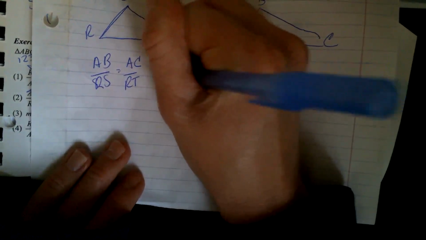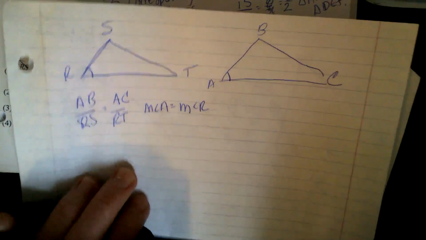Okay, so we have RST and we have A, B, C. Our second choice is AB over RS is equal to AC over RT, and the measure of angle A is equal to the measure of angle R. Now, angle A and R are corresponding angles, yes.